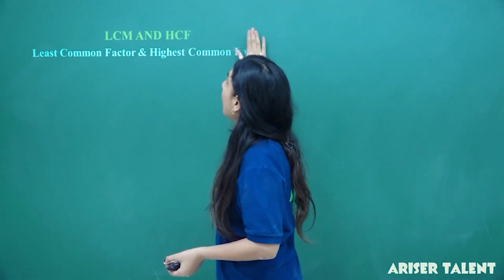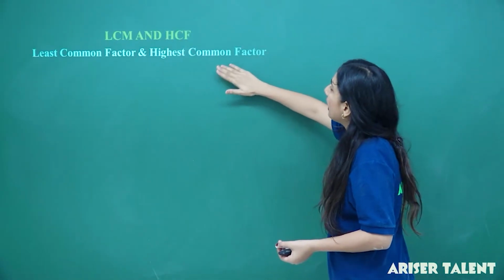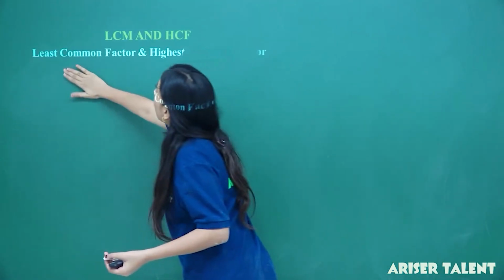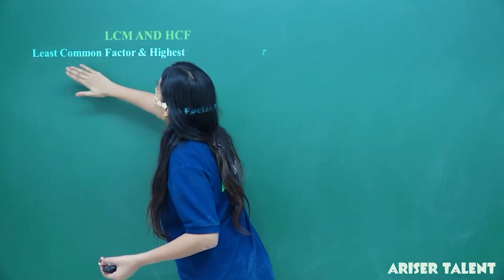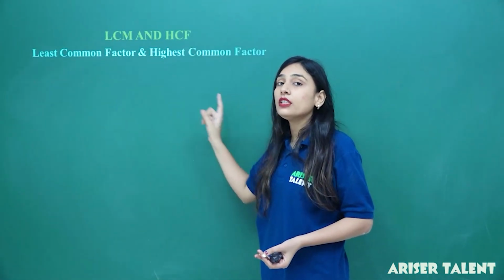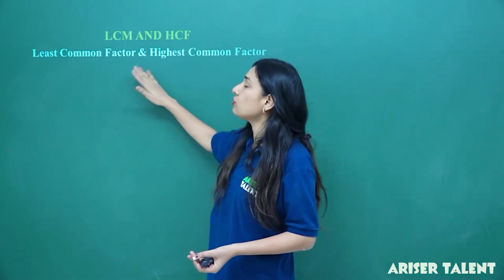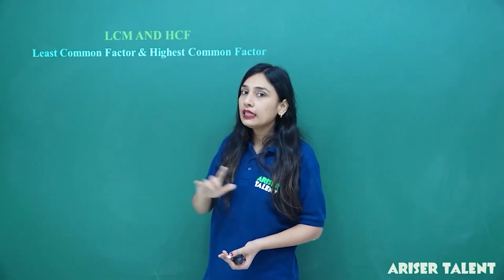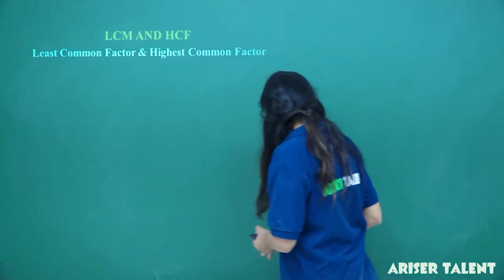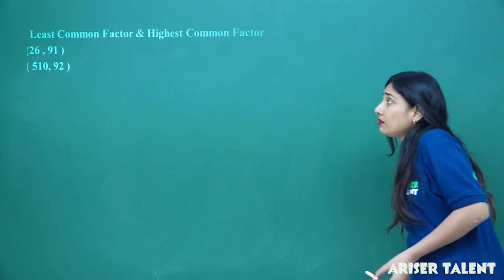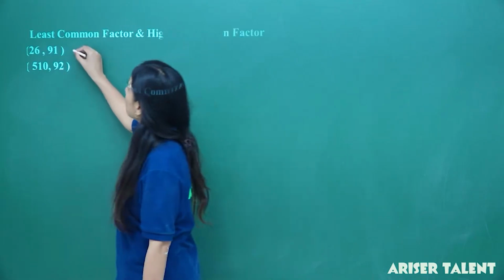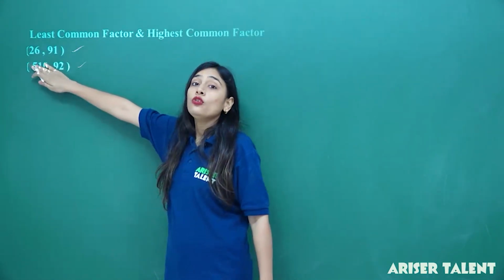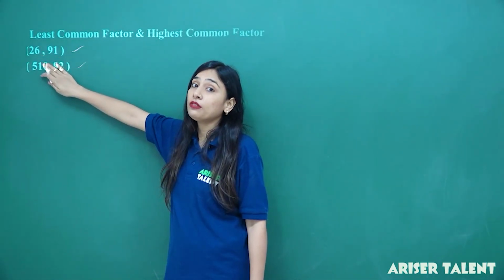LCM and HCF. We have studied HCF earlier. Now we will study LCM, least common multiple, and you have studied these two things in your earlier classes, but we will study it now also. Now let me explain it with an example. 26 and 91.